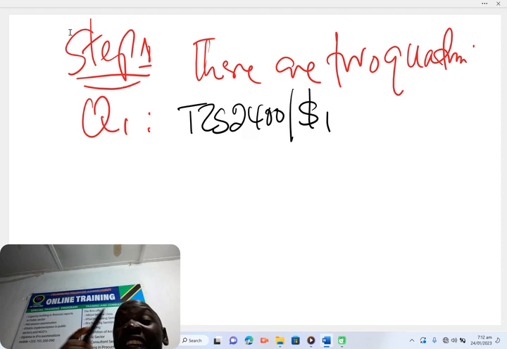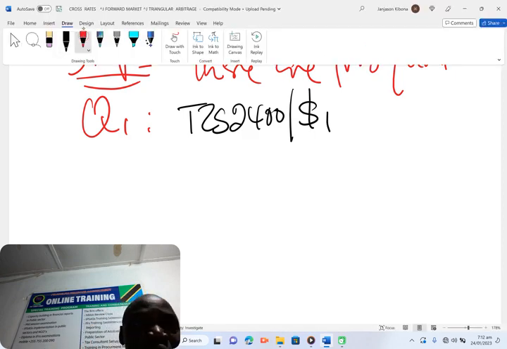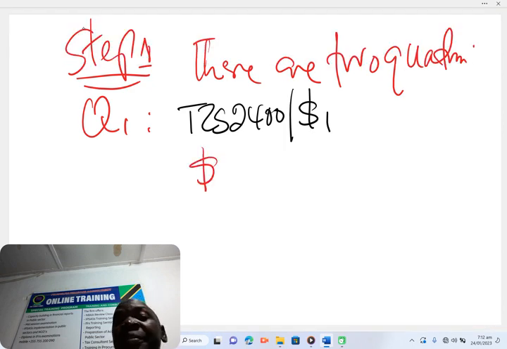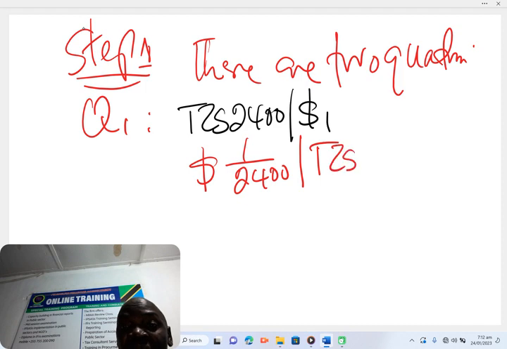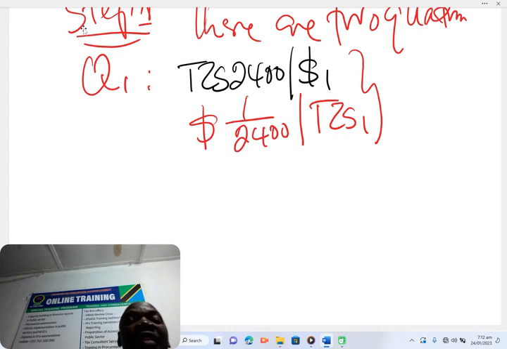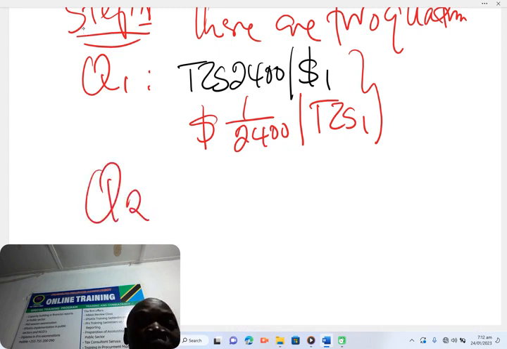Okay. Having this quotation, now you are intelligent enough to compute the reciprocal. This one also can be written this way: $1/2400 stroke Tanzanian shillings, isn't it? Okay. So you go for quotation 2.